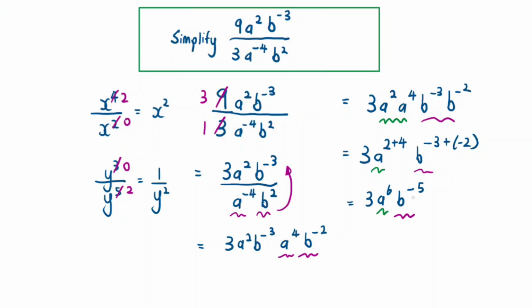Now this b has a negative index, b to the power minus 5, so we need to bring it to the denominator. We have 3 times a to the power 6 divided by b to the power 5. And that will be the answer for this question.